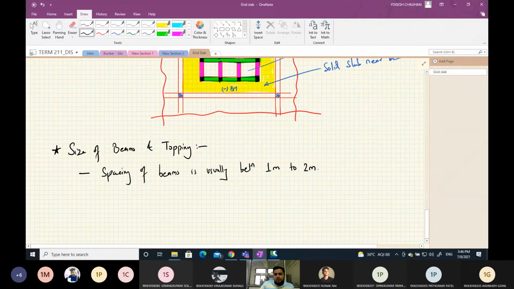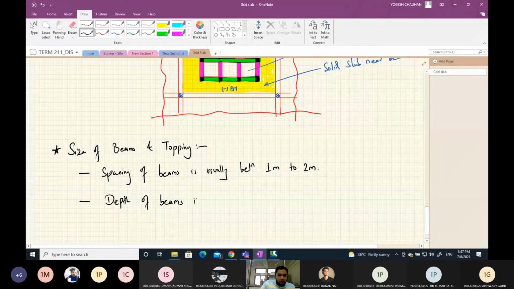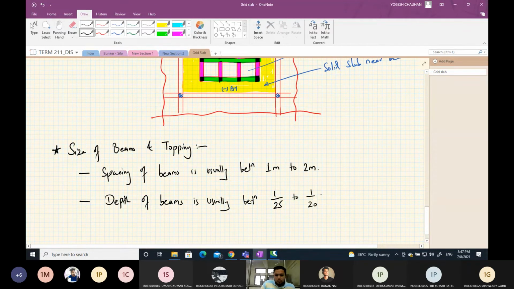Even sometimes less than 1 meter, around 0.75 meter is also provided. Then the depth of beam is usually between 1/25 to 1/20 of span.